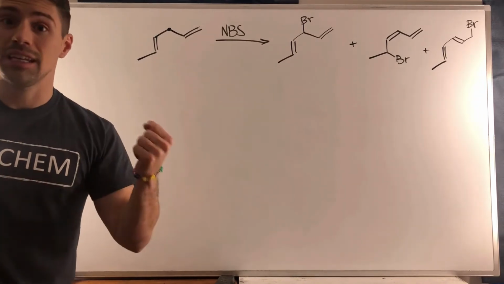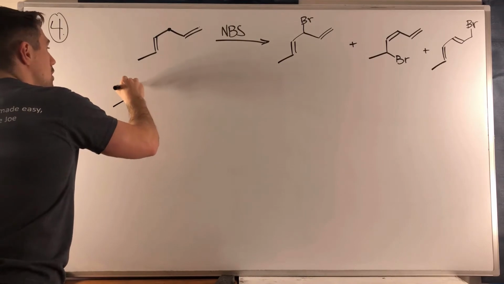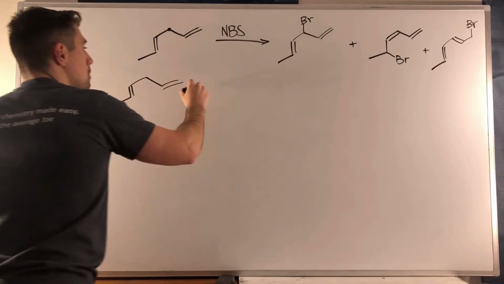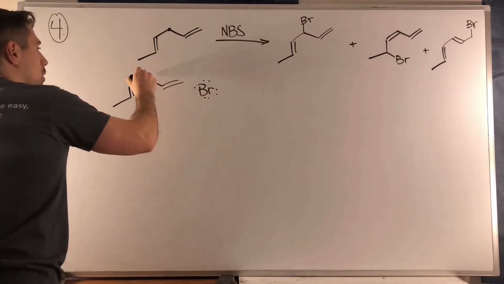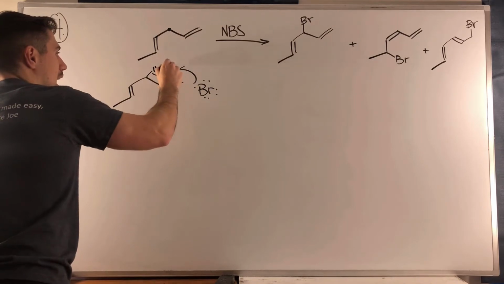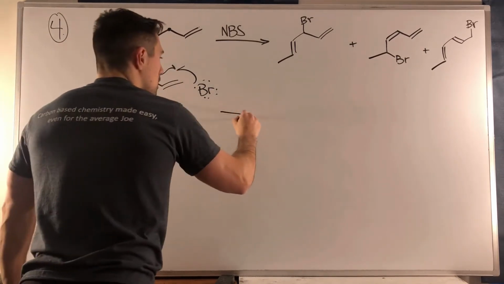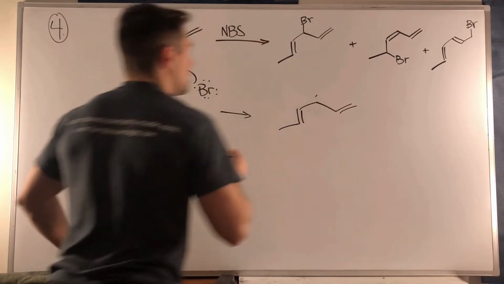So you don't have to show this part so much, and I did in the answer key, but when you have this bromine radical, you will have a hydrogen get plucked from a CH bond, you will then create this radical right there.